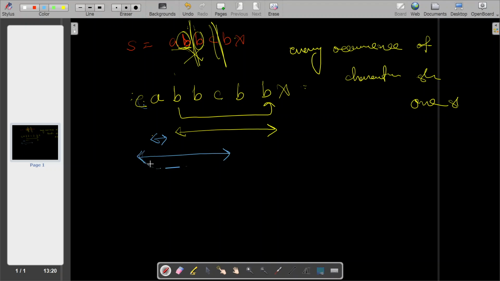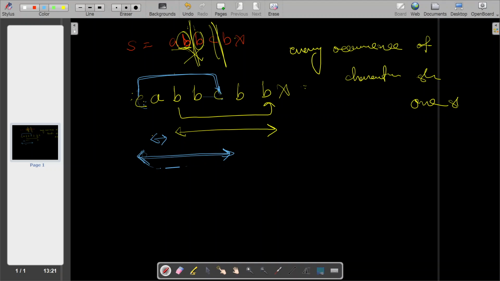We will take all of these together, because if we don't, this C will be in one string and that C will be in another string, and that will not follow the condition, because what we want is that no two substrings have the same character. So we have to keep the whole frequency of each character in a single substring.